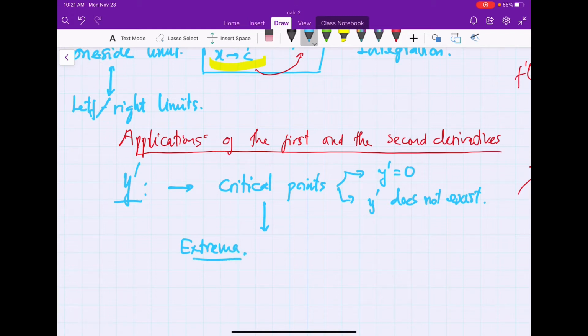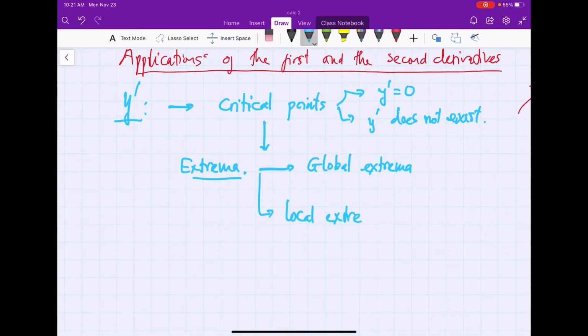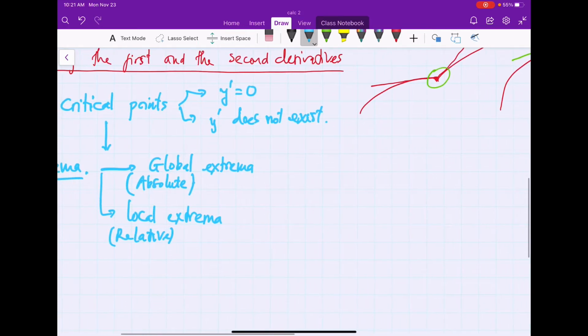Okay, for extrema, we have two kinds of extrema: global extrema and local extrema. Or sometimes we say global is absolute extrema, and this is relative. To find global extrema, we need to find all critical points, right?